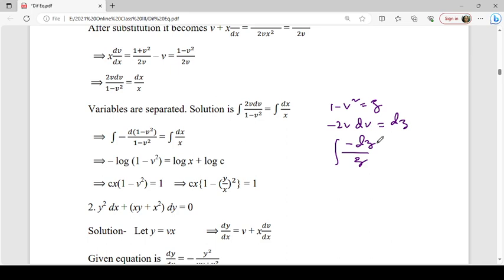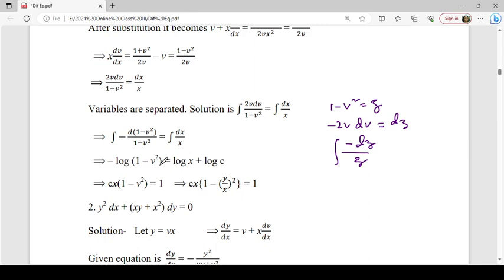So in place of z we write 1 minus v square. Now we have the integration, minus log of z, means minus log of 1 minus v square, and right hand side is log x plus constant, log c, so that we can remove this log and this becomes a product.